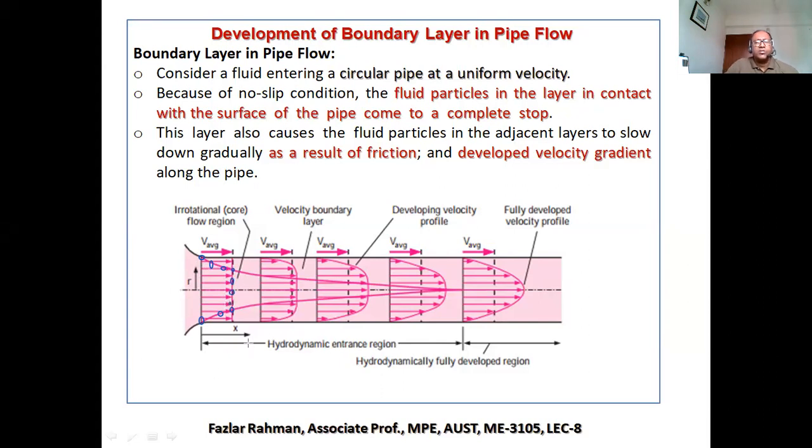Then you try to draw the velocity profile at the next point, say right over here. If I make a line right over here, the velocity of the fluid particle at the boundary is still 0.